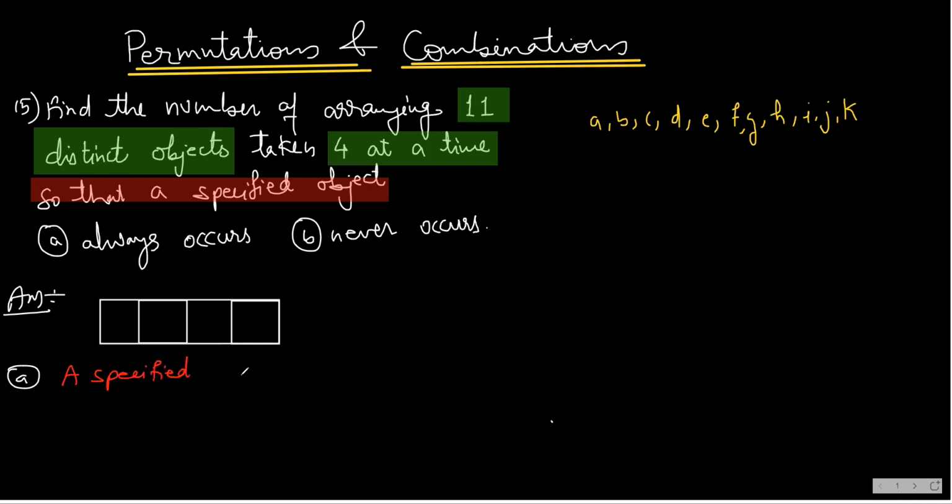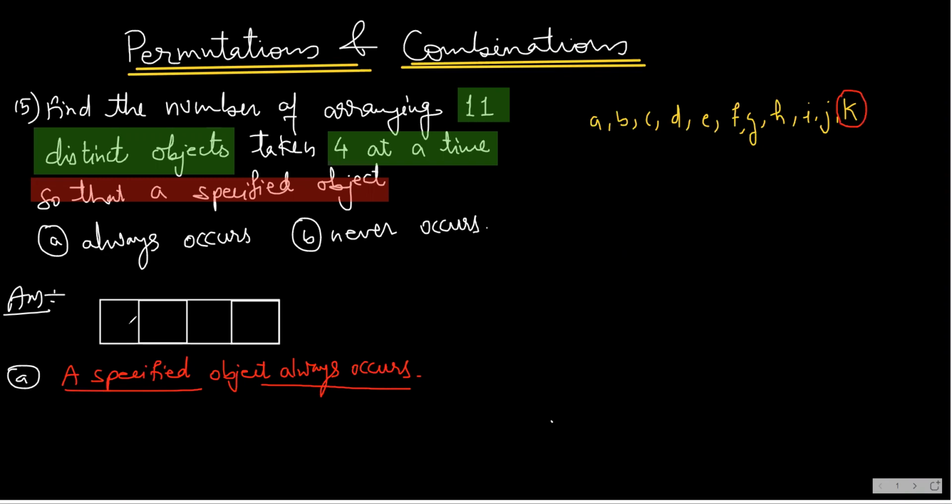There are 2 cases: the specified object always occurs, and the second case is a specified object never occurs. Okay, so think the specified object is K, for example. So K will always occur in the arrangement.